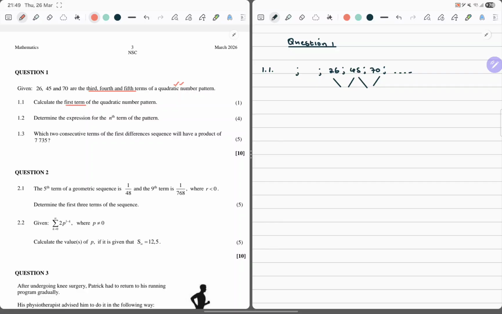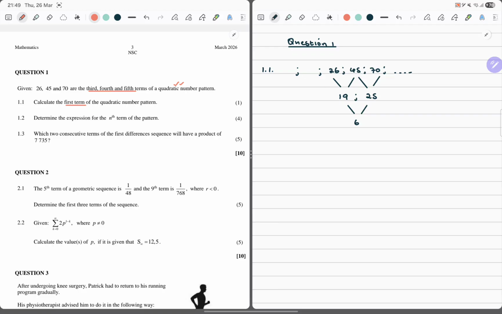Okay, so let's see, this is 70 minus 45. This gives us 25. And of course, 45 minus 26 gives us 19. And if this is a quadratic pattern, we know that the sequence of first differences is arithmetic. So it tells us that the second common difference is 6.